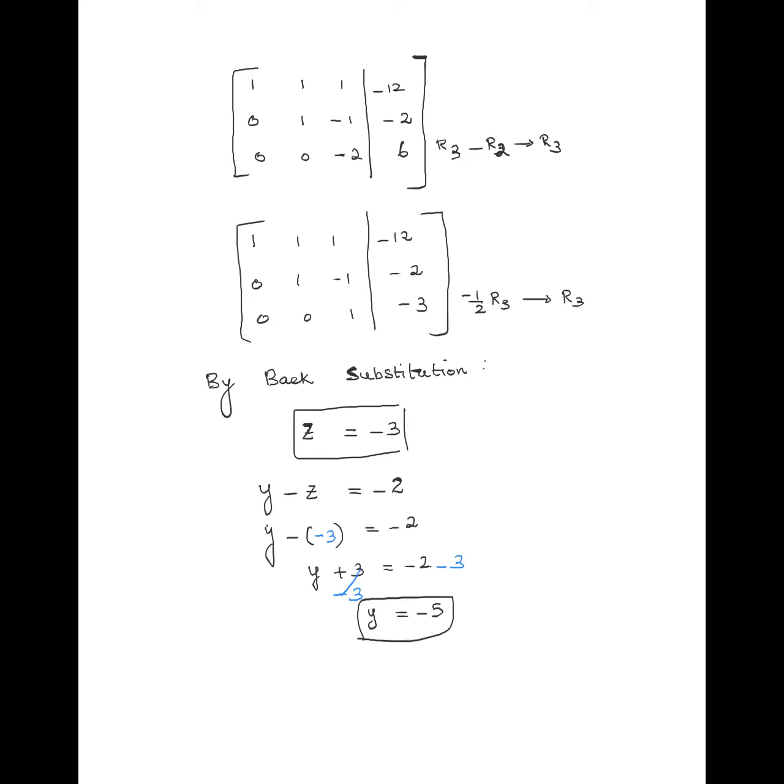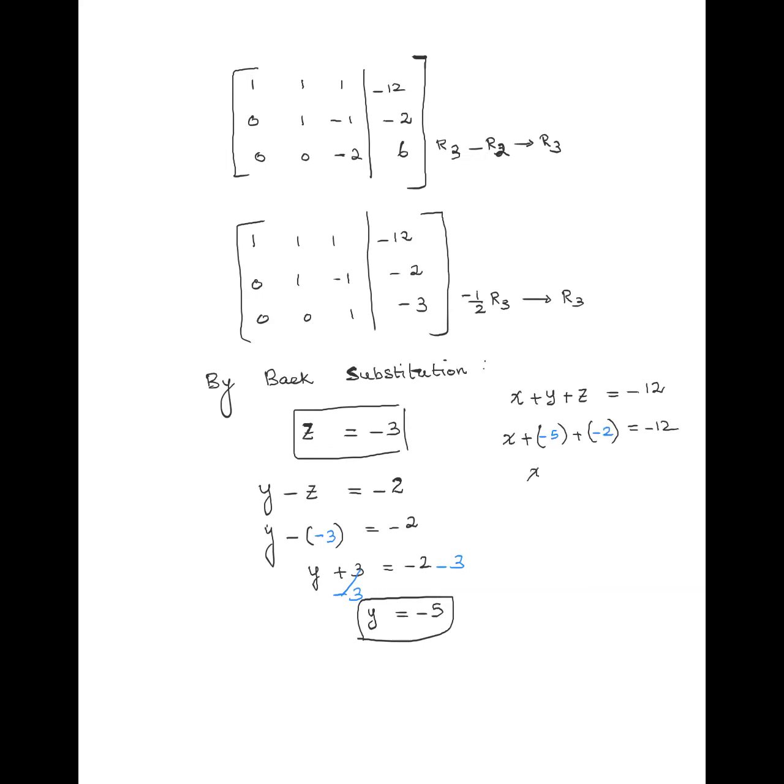And from the first equation, we get x plus y plus z equals negative 12. So plug in y and z. Y is negative 5 and z is negative 2.